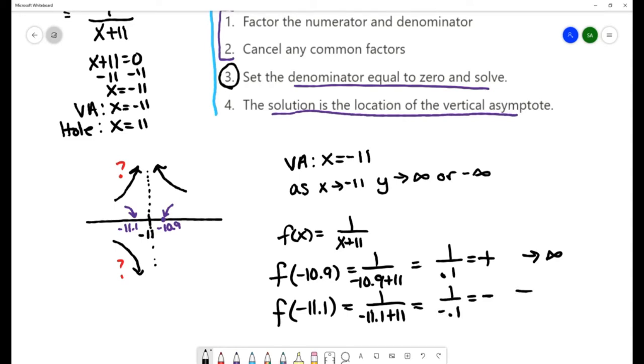So now on the left, I know it's going to negative infinity. So now on the left, we can get rid of this one going to positive infinity, get rid of this question mark, and we have now sketched the graph near that vertical asymptote. On the left, it's going to negative infinity. On the right of negative 11, it's going to positive infinity.